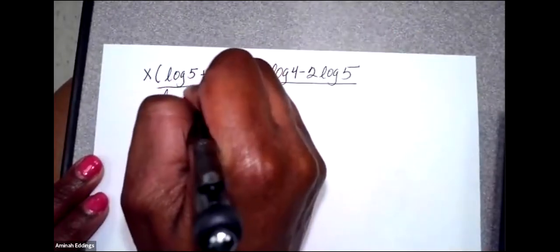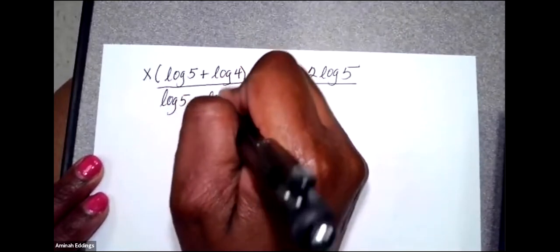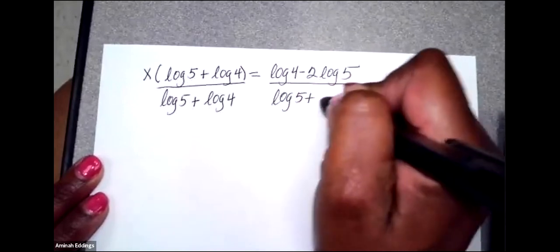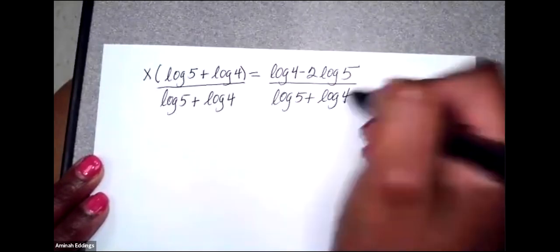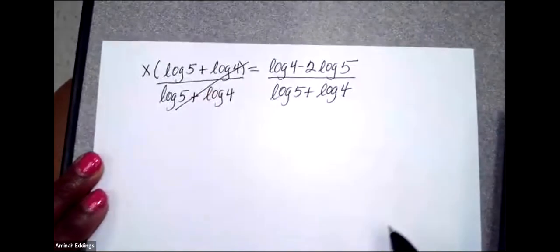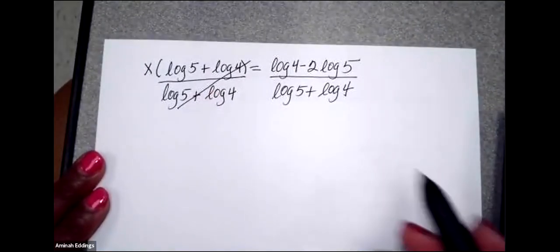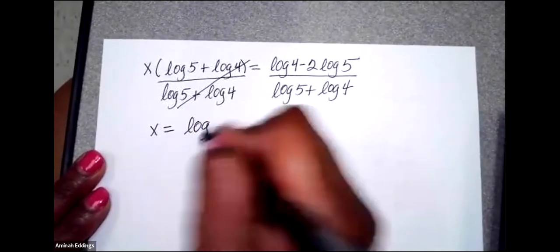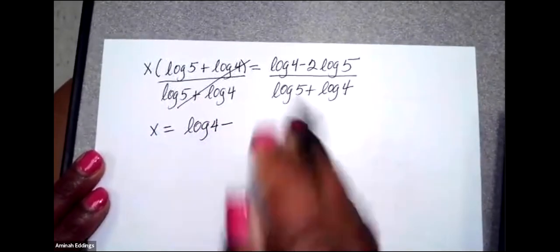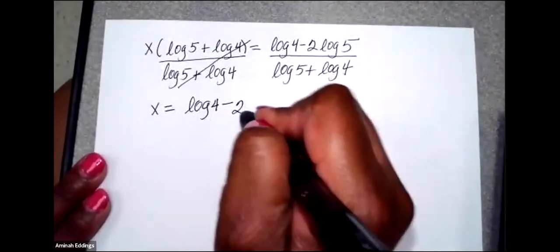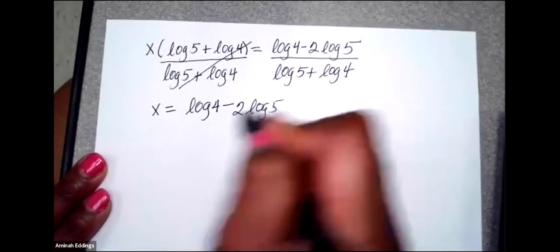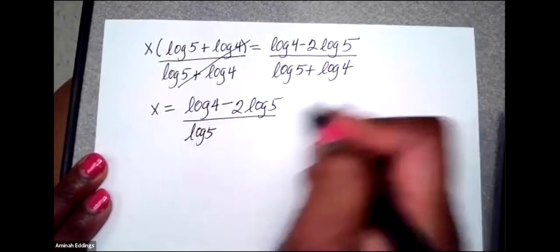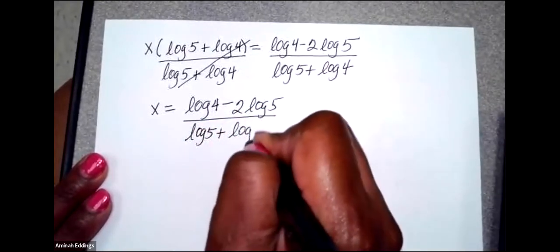Divide this side by log 5 plus log 4. That allows this to cancel. x is now by itself. And so x is equal to log 4 minus 2 log 5 over log 5 plus log 4.